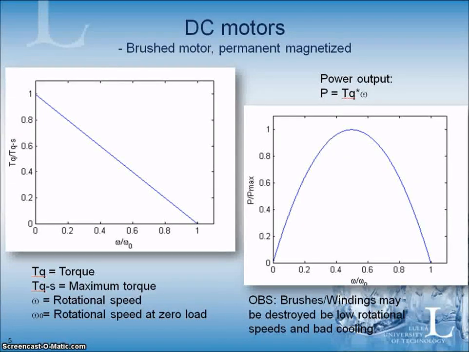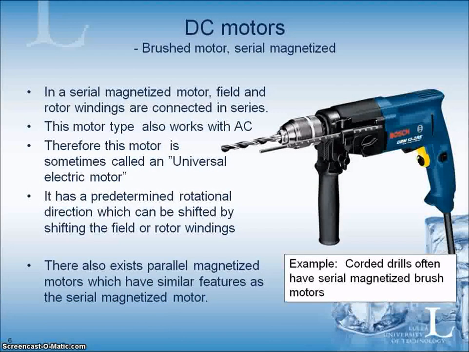If we move on to another type of motor, still DC motors, still brushes, but serial magnetized. In a serial magnetized motor, field and rotor windings, so both the rotor and the stator, have windings, electrical magnets, and they are connected in series.